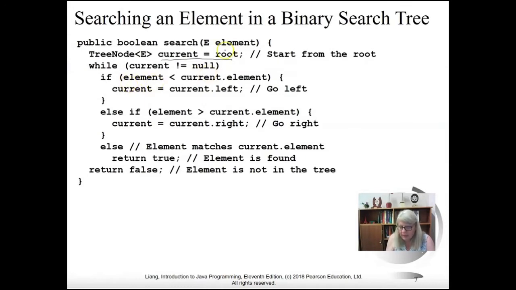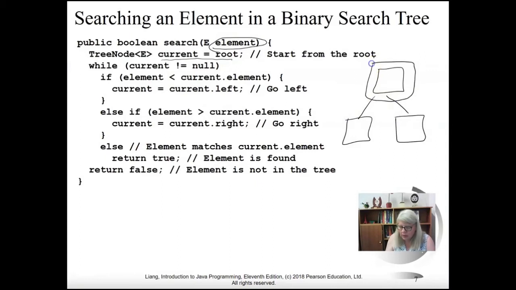if the element, the thing I'm looking for, is smaller than the current element, look through the window at the tree. If the tree is like this, current is like a window, and if the element is smaller than, I want to move to the left-hand side, then I move my window like that.